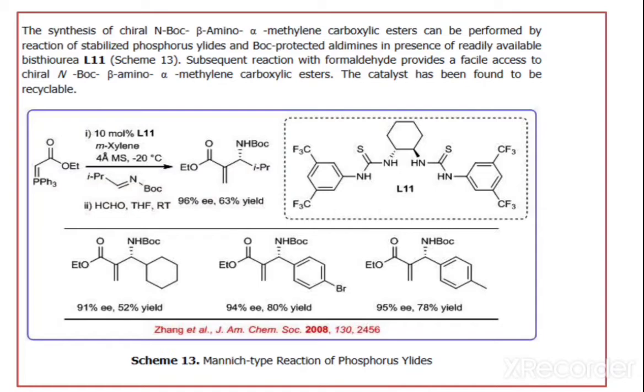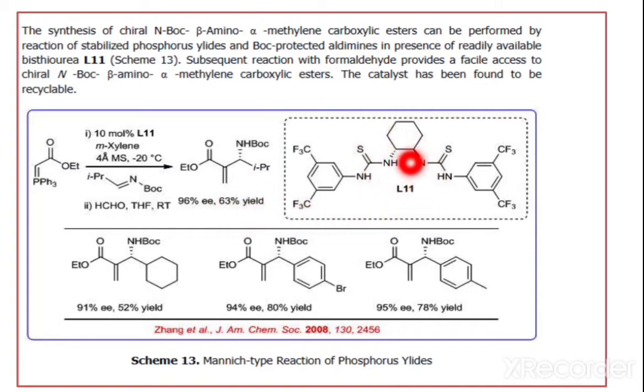and the catalyst has been found to be recyclable. That means after completion of this reaction, this catalyst can be used in the next series of reactions. The conclusion of this reaction: here this is the phosphorus ylide and here the protected imine. The simple reaction will take place between these two. Okay, and here the product is obtained in 96% enantiomeric excess and 63% yield.